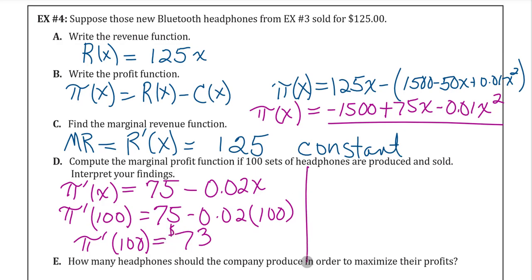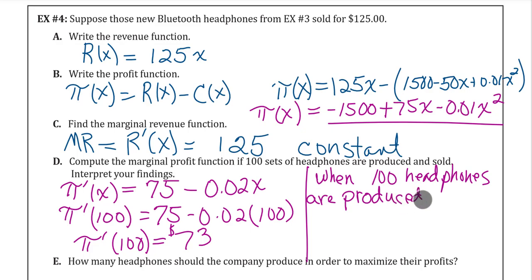So what does that mean? That means that when 100 headphones are produced, I should put and sold now because we're talking about profit, and sold.